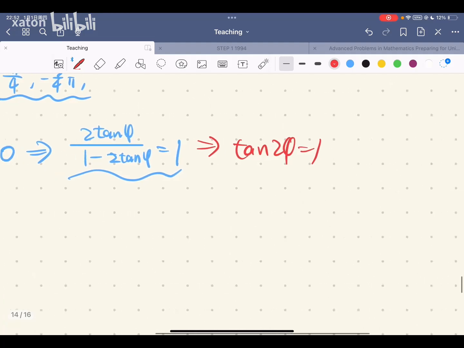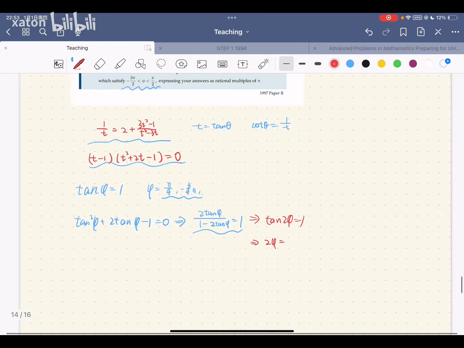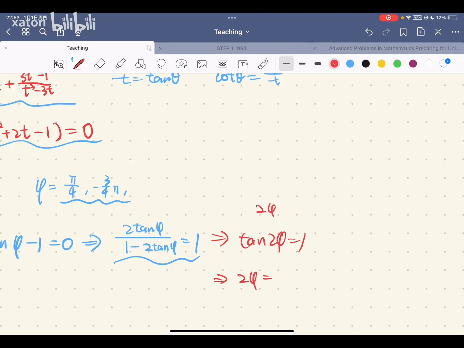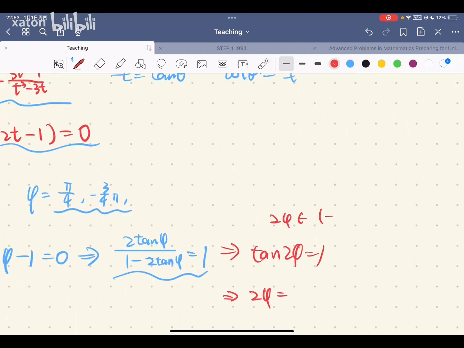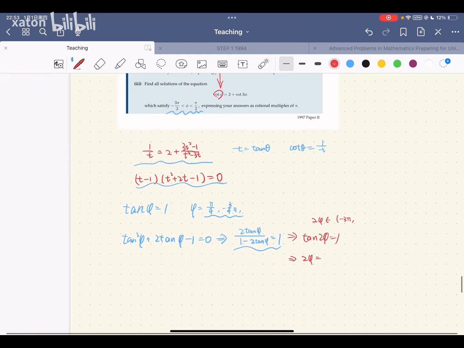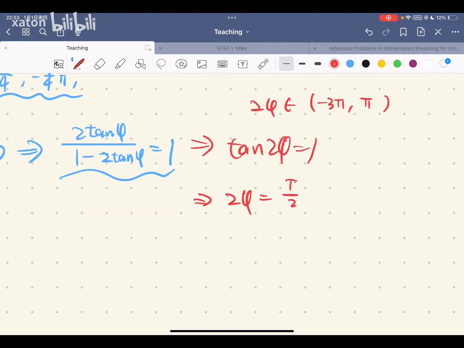And tangent 2 phi equal 1, what does it give us? We need an interval for 2 phi. It would be minus 3 pi to pi. So we start from pi/4. We subtract pi until minus 11/4 pi.